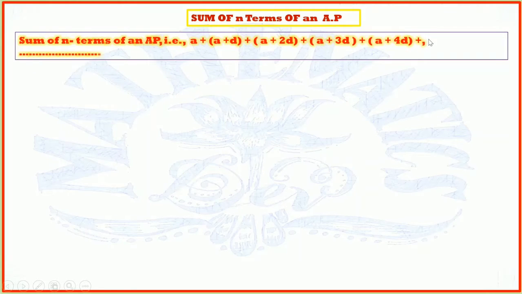These are all general terms, and we are going to find their sums. This is the nth term, a plus n minus 1 into d. The sum of all these terms can be found by the following two formulae.